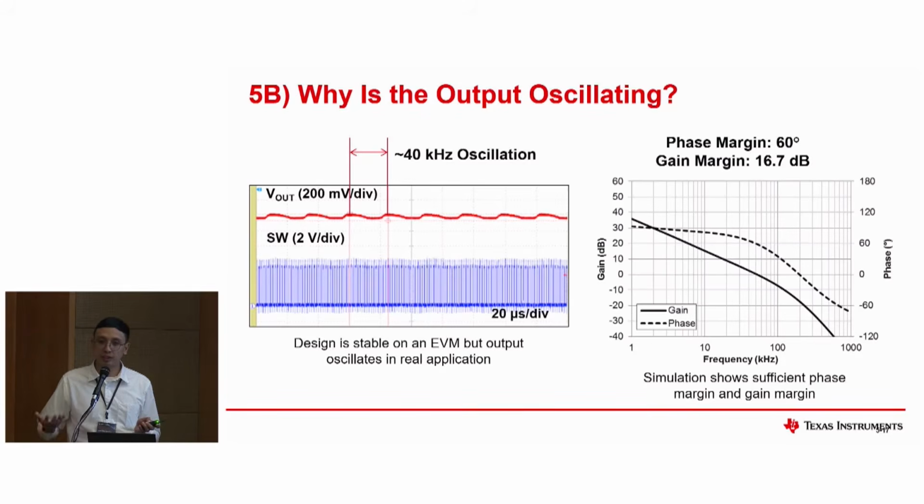This was tested on our EVM with the same specs as done on a specific application or actual board, but they see this type of oscillation on the actual board. We have enough gain margin here in this design, 16.7 decibels. This is the simulation, and it shows that we have enough phase and gain margin.